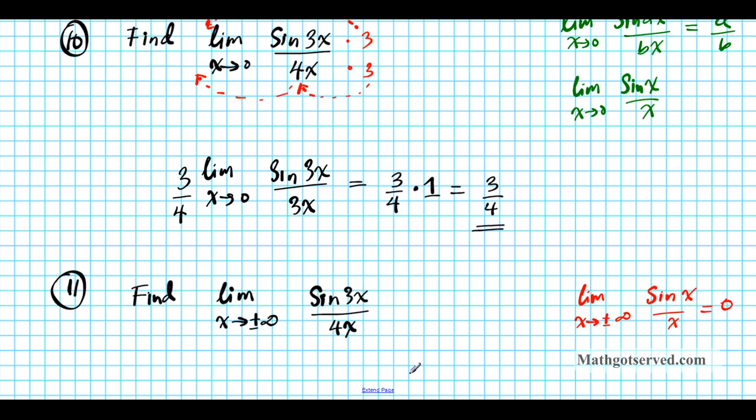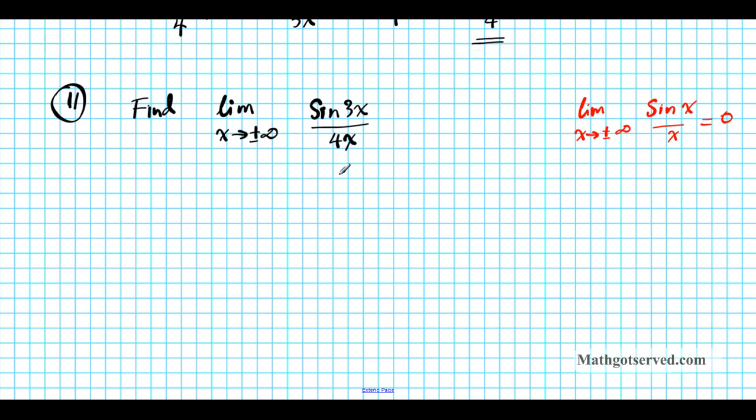Okay, so we expect this to go to 0 by the squeeze theorem. Okay, so to show you why that's the case, I can multiply this by the same 3 and 3 so that the argument of the sine and the denominator will be the same. So we're going to have 3 times the limit as x approaches plus or minus infinity of sine 3x over 3x. Now this 4 we can put over here.